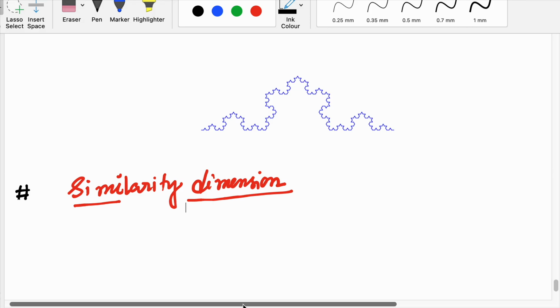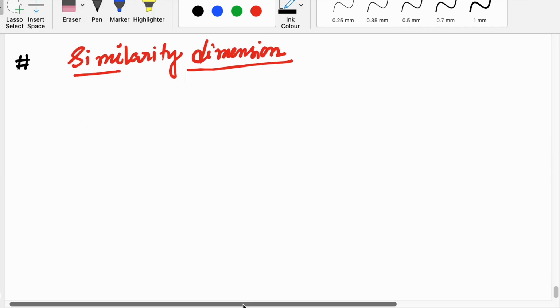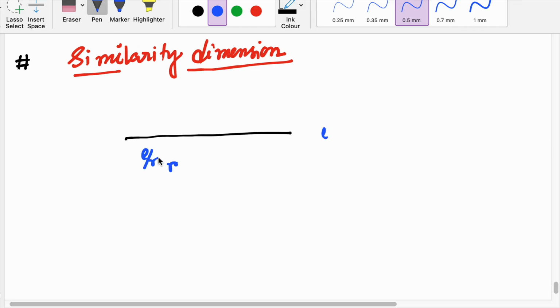So what we will do, we will reduce the size of that object, and we will ask the question: if I reduce by a factor r, how many such objects are required to complete the whole? Let me give an example. Suppose I have a line. Now if I reduce the line by a factor r, so this is L and this is L by r.